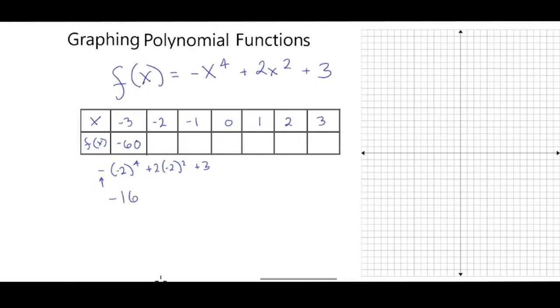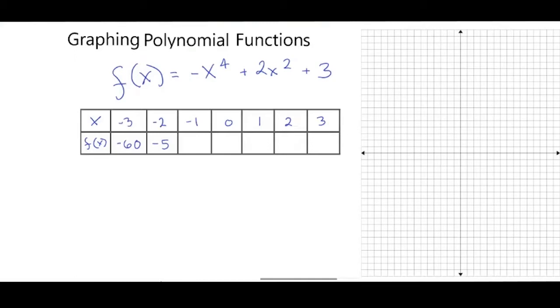Now I have to do the -2 to the second power, so it's -2 times -2. That's positive 4 times 2. Positive 4 times 2 is 8, so it's plus 8 plus 3. Well, -16 plus 8 is -8 plus 3, which is -5.